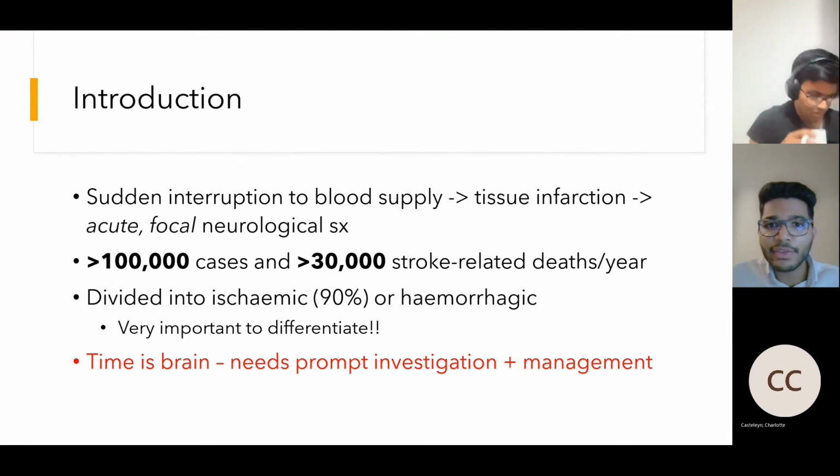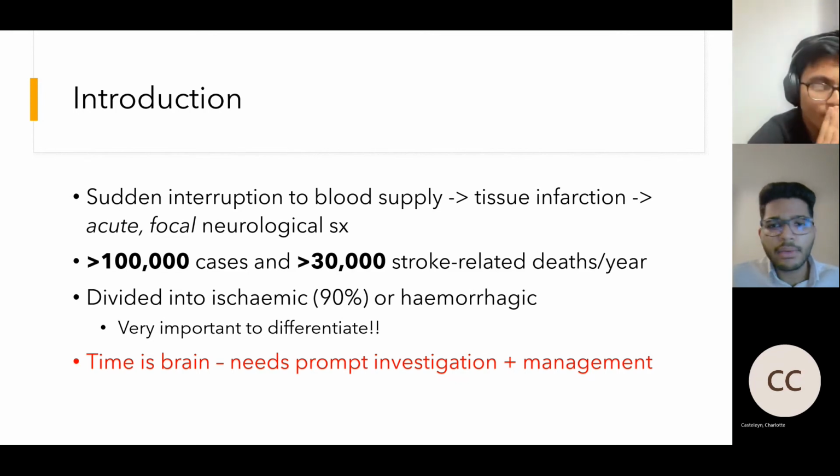Which is why I'm really glad that the first thing that jumped out at you with that scenario was stroke, because it's the most important thing to treat, aside from hypoglycemia, because it's really easy to treat. And in the UK, just a bit of epidemiology, it's incredibly common, over 100,000 cases per year. That's 1 every 5 minutes, and over 30,000 stroke-related deaths per year as well.